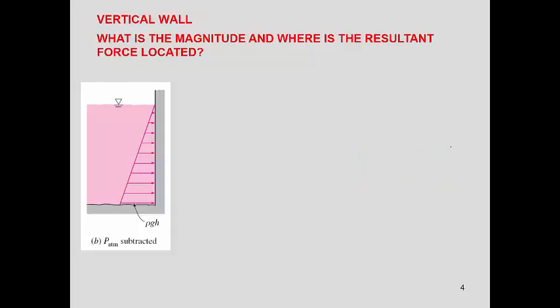So there's two questions. What is the magnitude of the resultant force and where is it located? Okay, so the pressure is rho g h, but how do I calculate the magnitude of the resultant force?